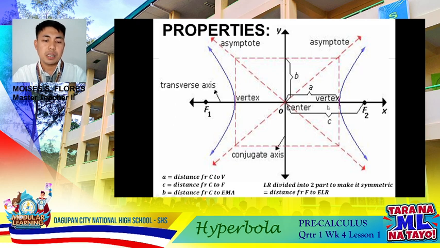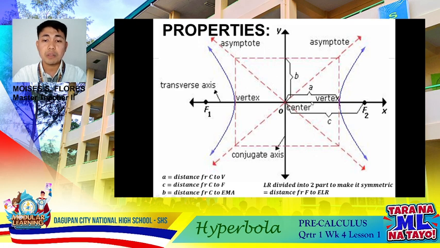And of course, as x and y get larger, the branches of your hyperbola approach a pair of intersecting lines called your asymptotes. These asymptotes pass through the center of our hyperbola. To sketch the asymptotes, we need to draw a dotted rectangle from the four points from our vertices.